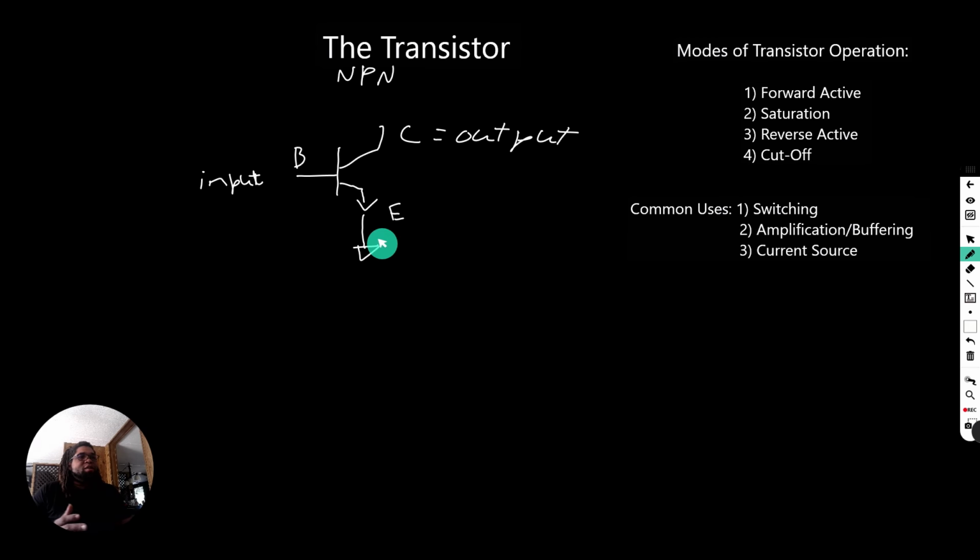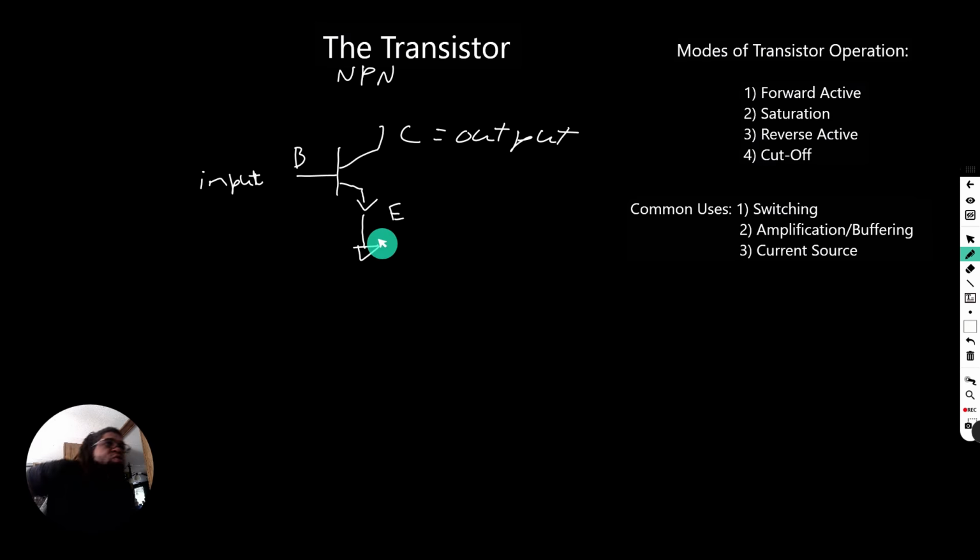So these three junctions are all working respective of each other. And that's something that we'll start to gain an intuition and understanding of as we start to work with them. But just know that this is the setup. This is the way we want to think about them most of the time.